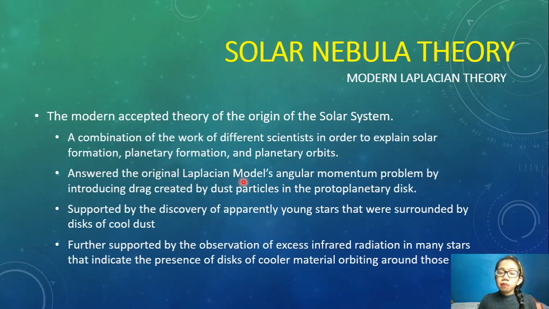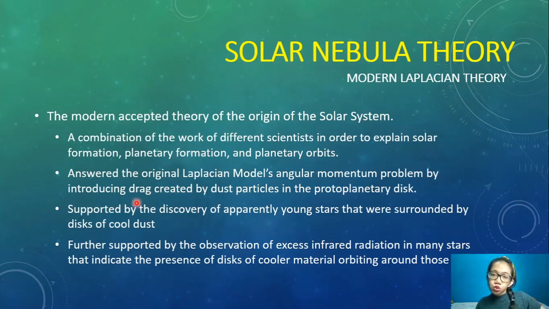The original Laplacian model had a problem when it comes to angular momentum. And if you're familiar, angular momentum is the way certain objects spin. According to the original Laplacian model, our planet should be spinning faster, but that's not what is observed by our astronomers. So it was debunked. But later on, due to the contributions of several scientists, we introduced a drag.